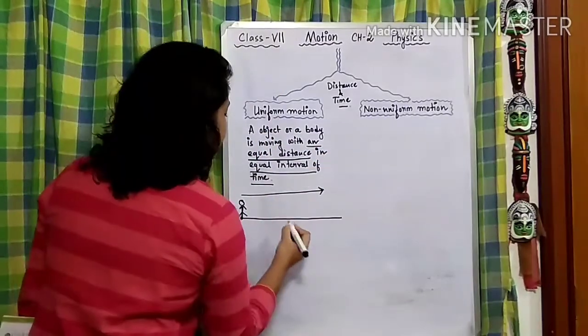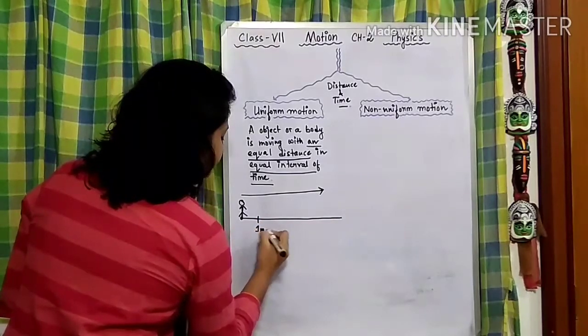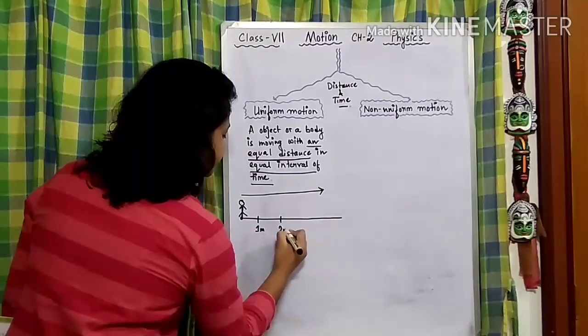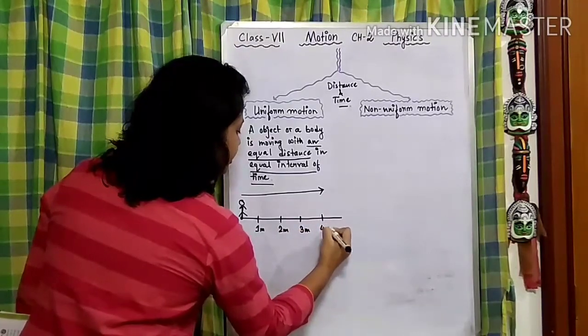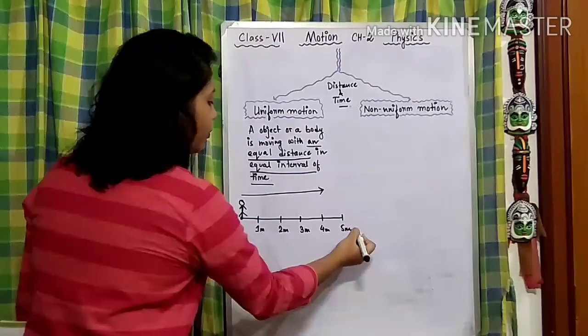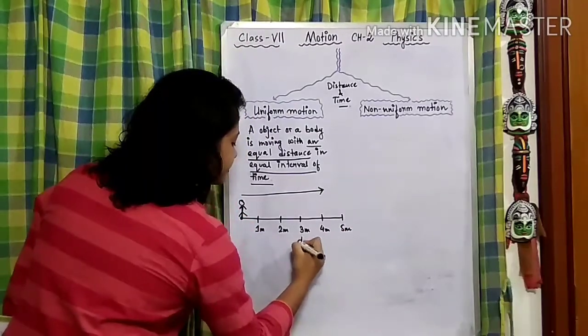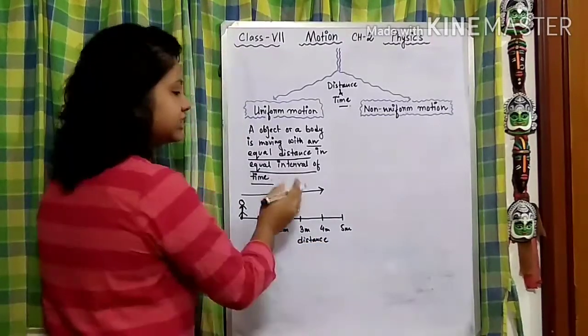Here this is 1 meter, 2 meter, 3 meter, 4 meter, 5 meter. These are the distances.